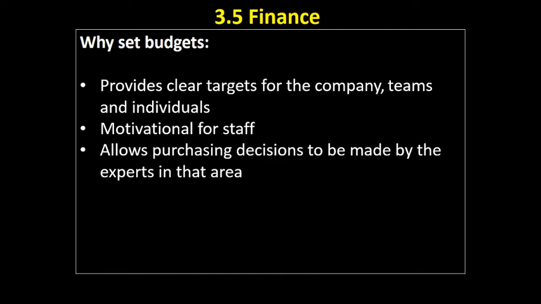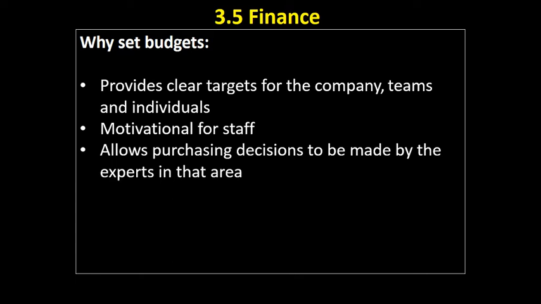It allows the purchasing decision to be made by the experts in that area. So the example I give of this is if you think about your business department in school or your economics department, your head teacher may be a maths teacher or a PE specialist or something like that. It's unlikely that they're going to have the specialist information about what textbooks need to be bought, how many rulers, how much graph paper the department is going to need.